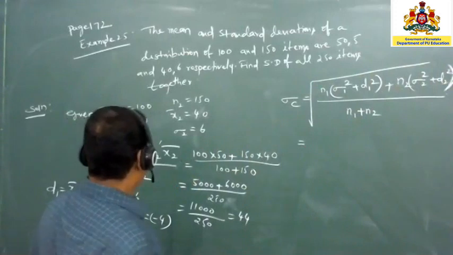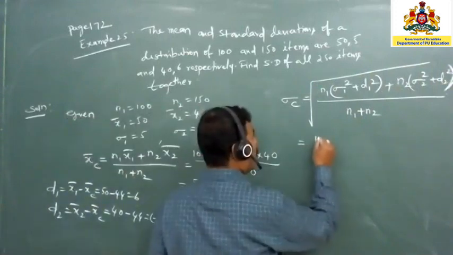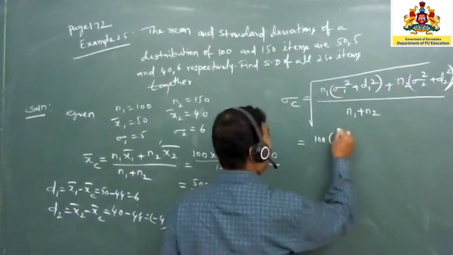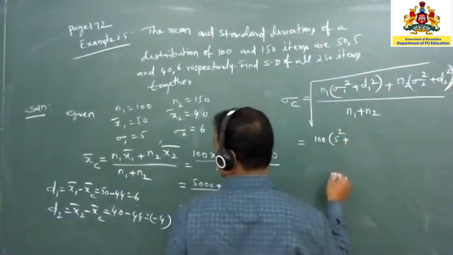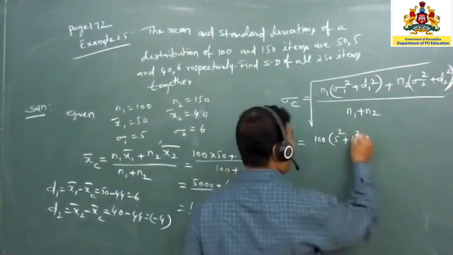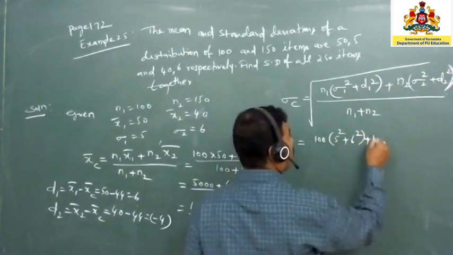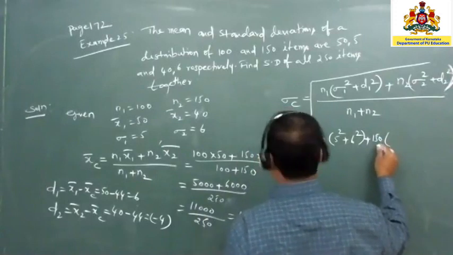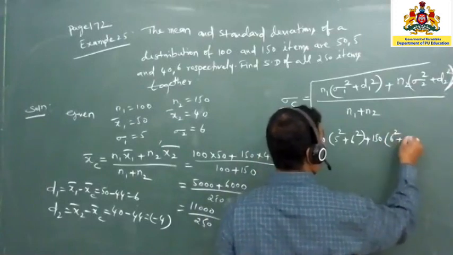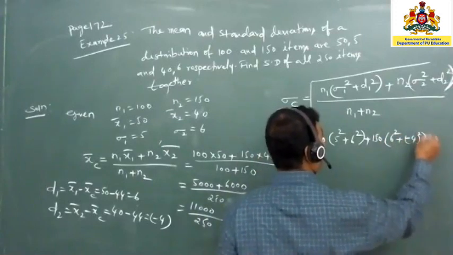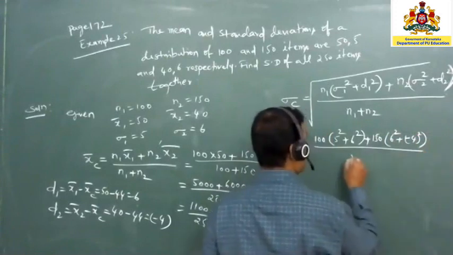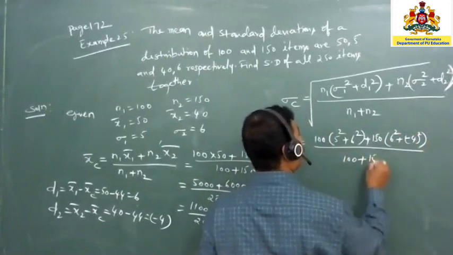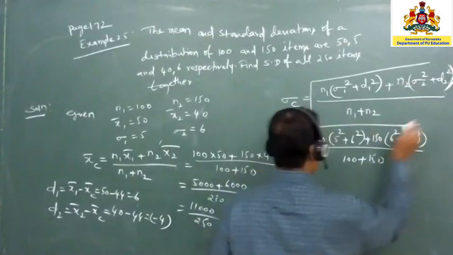n1 is 100, sigma 1 is 5 square, d1 is 6 square, plus 150, sigma 2 is 6 square plus minus 4 whole square, by 100 plus 150, square root.